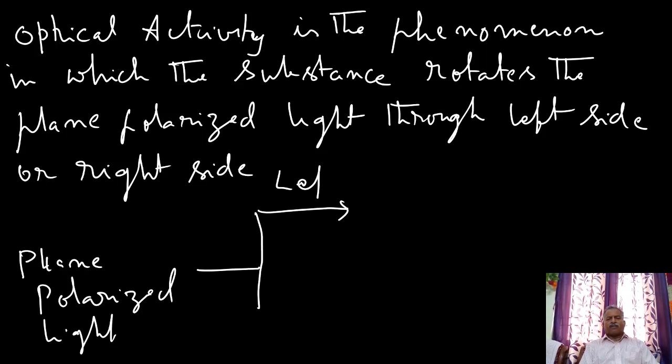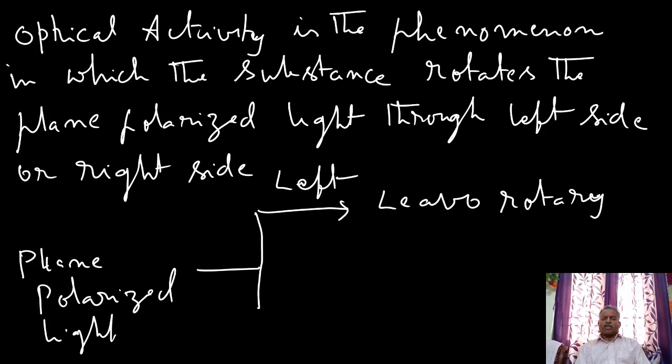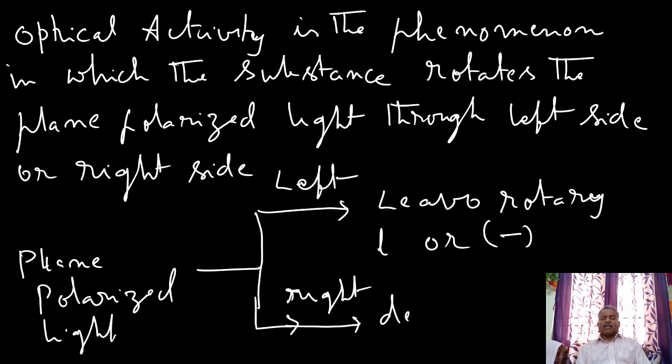If the plane polarized light is rotated to the left side, then such a substance is known as levorotatory, and it is denoted by small letter l or minus sign. Otherwise, if the plane polarized light is rotated through the right side, then it is dextrorotatory, denoted by d or plus sign.